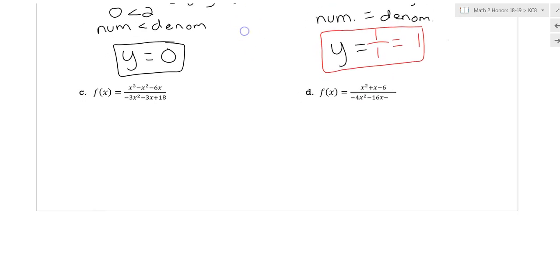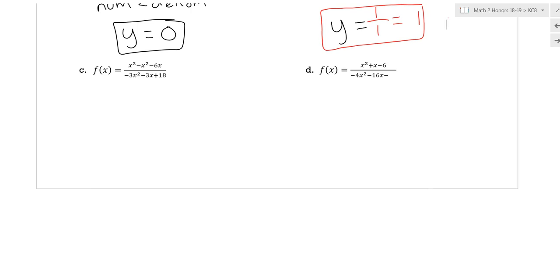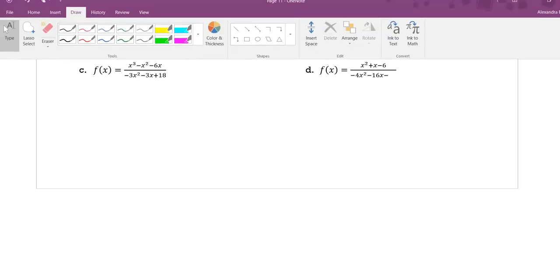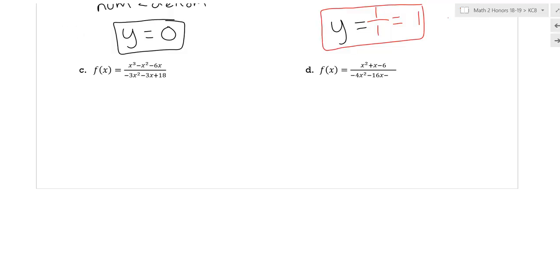All right. 2 more examples on this part. Okay. X cubed minus x squared minus 6x, over negative 3x squared minus 3x plus 18. Right? In my numerator, the degree is 3. Right? That's my highest.